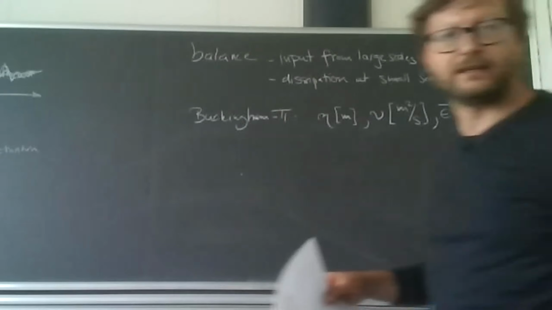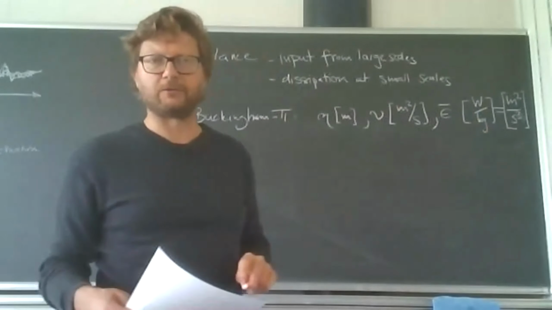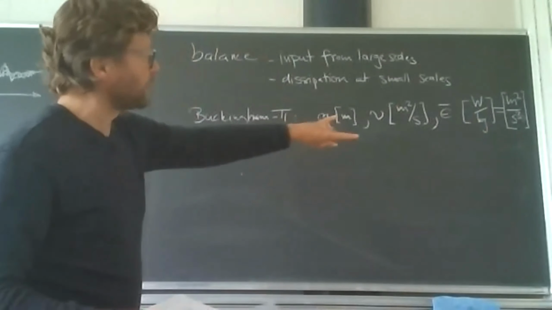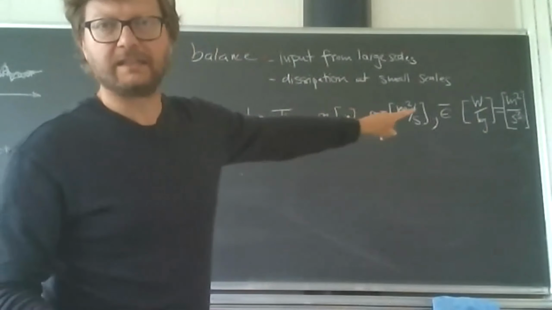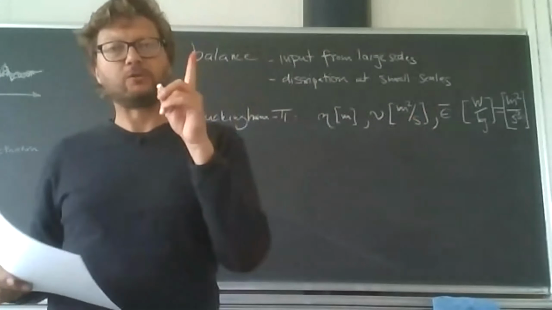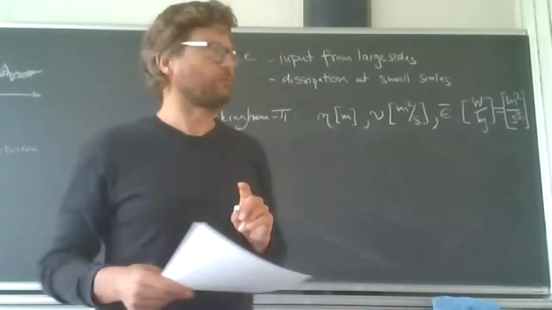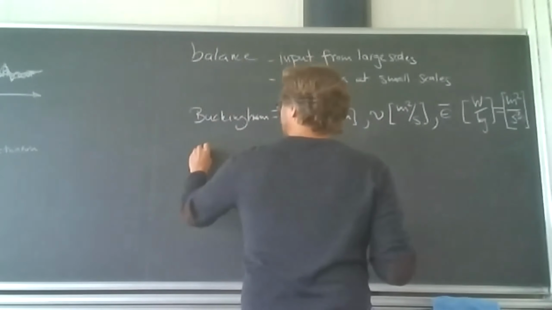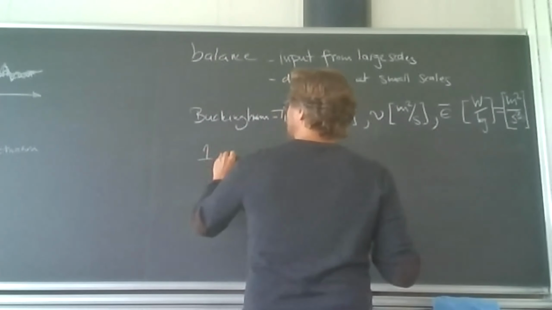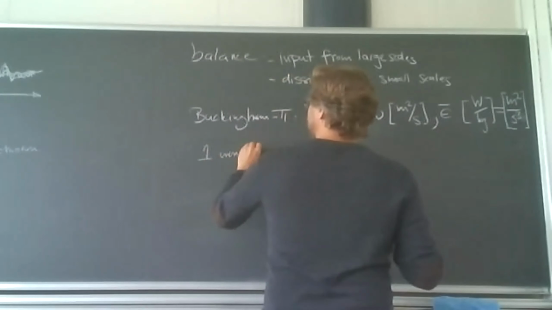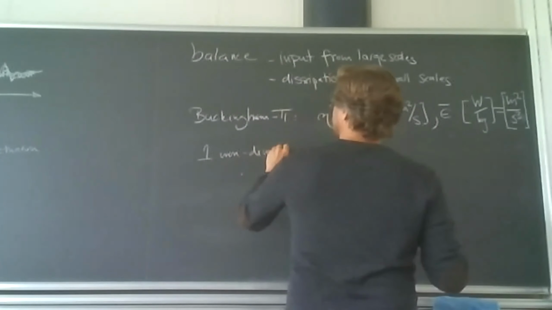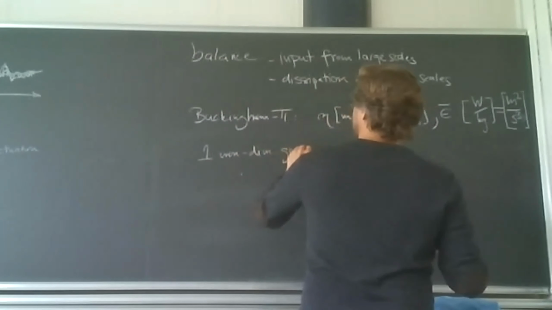So that's seconds to the third power. I don't want to go through all the steps of Buckingham Pi, but essentially we have 2 dimensional units, seconds and meters. We have 3 variables, so we end up with only 1 dimensionless group.